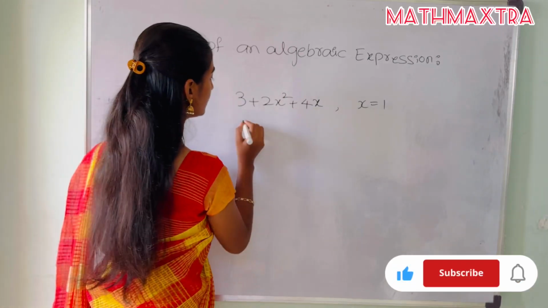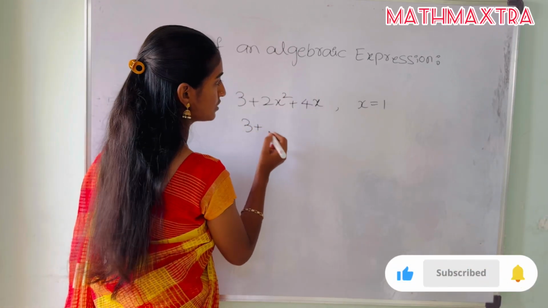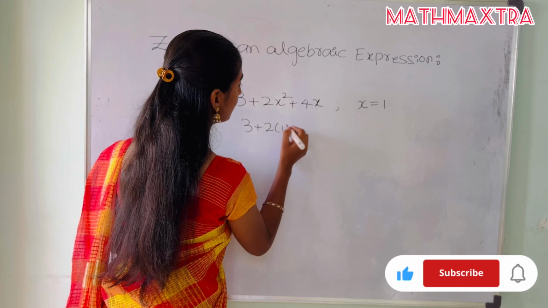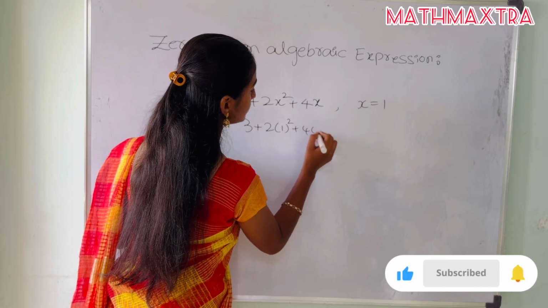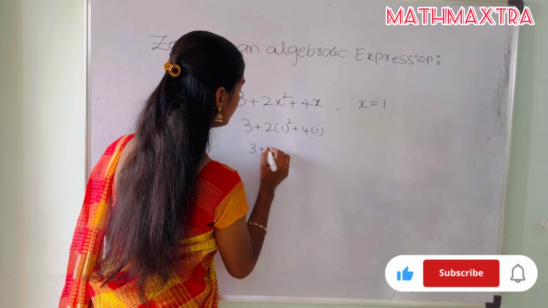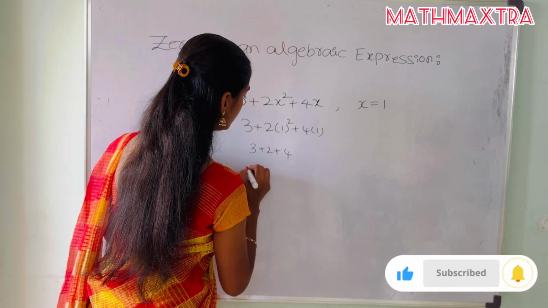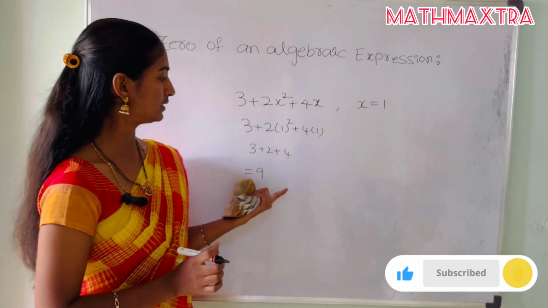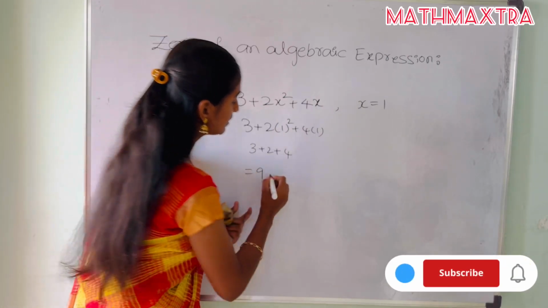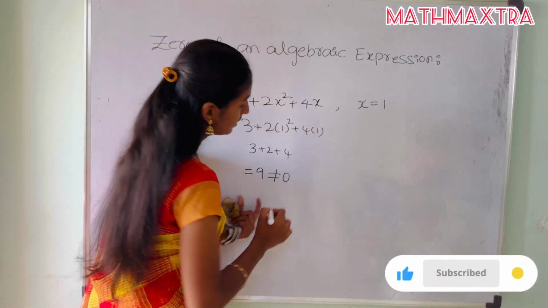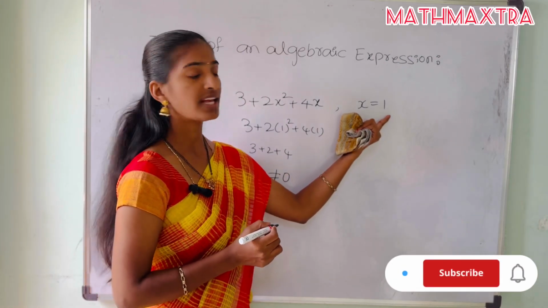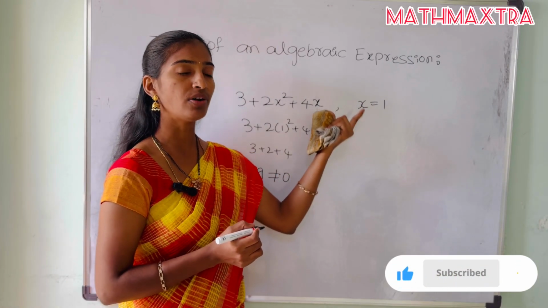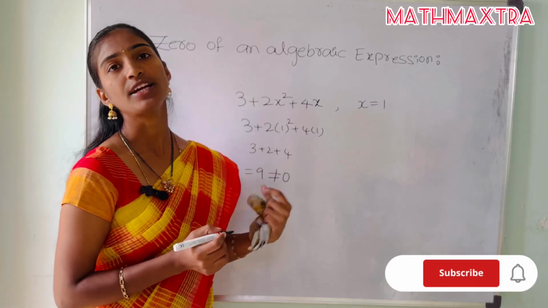Now we will check whether it is a zero of this expression or not. Simply 3 plus 2 plus 4, it is 9, right? Yes, it is 9, which is not equal to 0. That is why we can say x is equal to 1 is not a zero of this algebraic expression.